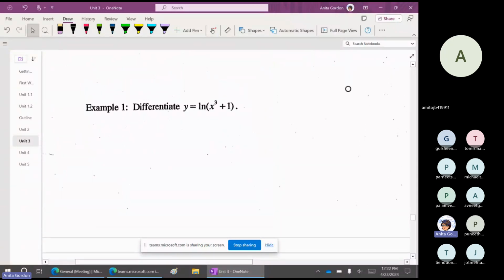Okay, rules I need to consider when I look at this. Chain rule, log rule and power rule as well, because inside I have an exponent.